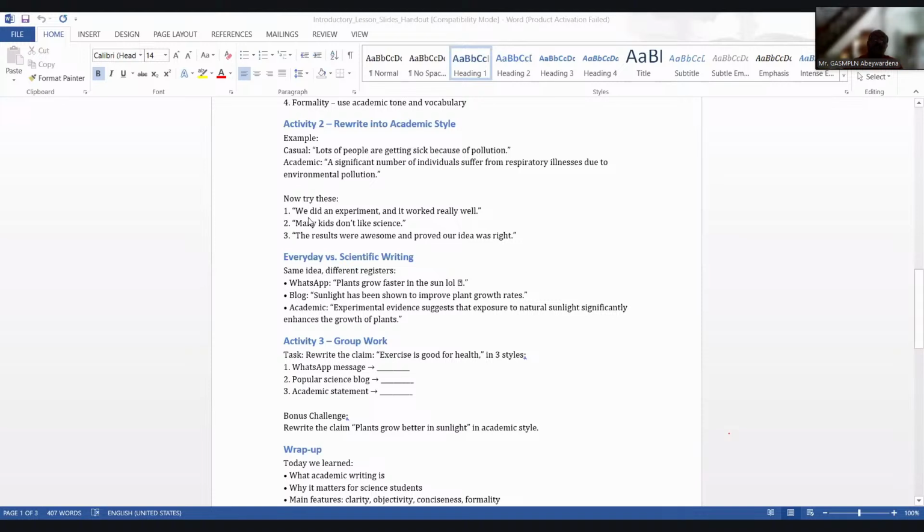We did an experiment and it worked really well. How do we say it in an academic way? We did an experiment and it worked really well. What is the word we can use in place of did?